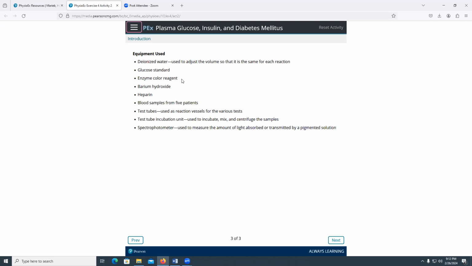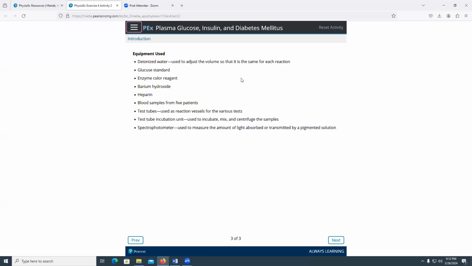And then I have an enzyme color reagent that will turn different in color according to the concentration of glucose. The more glucose I have in a test tube, the darker the color, and the less glucose, the lighter the color.